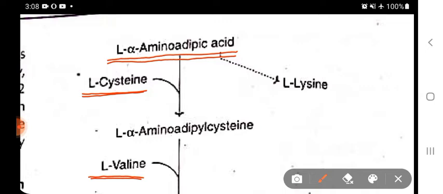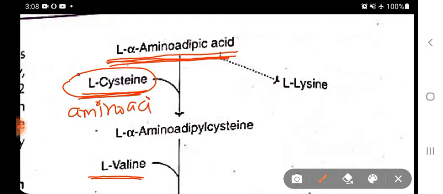So you can see in the first step, L-alpha amino adipic acid combines with L-cysteine, which is a what? It is an amino acid, right? This L-cysteine and L-valine both are amino acids, right?